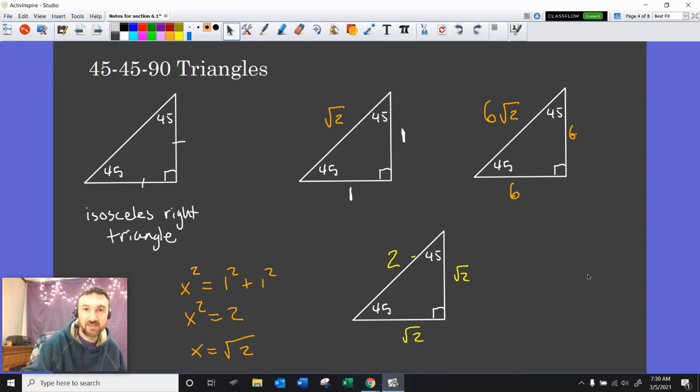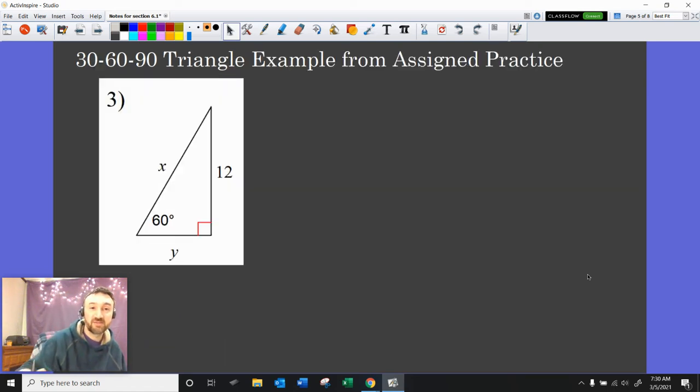Okay. All right, let's try to apply this to some problems. So far we've got the notes for what it all means. Let's try and do something with this. So if I was going to try to find the missing side lengths on this triangle, because that's really the problem here. We give you an angle, we give you one side length, and then you're supposed to be able to find the other two side lengths.